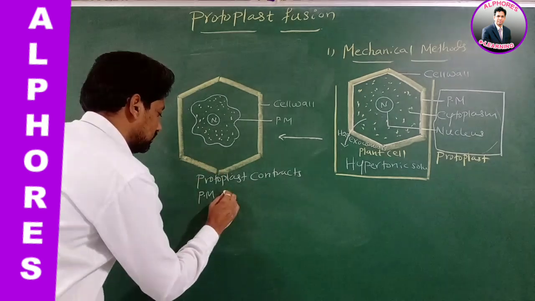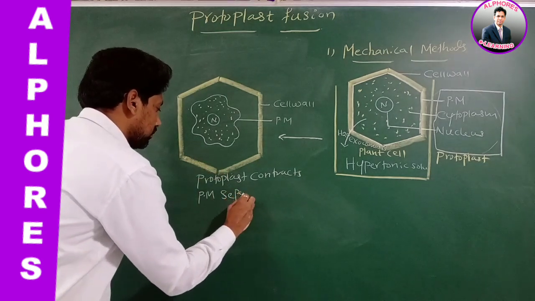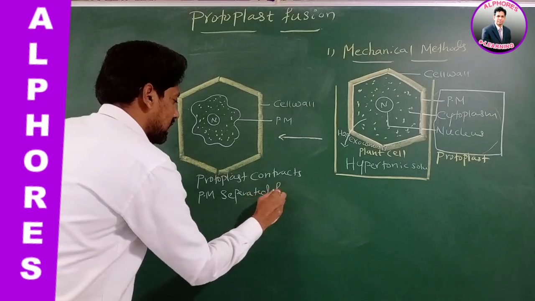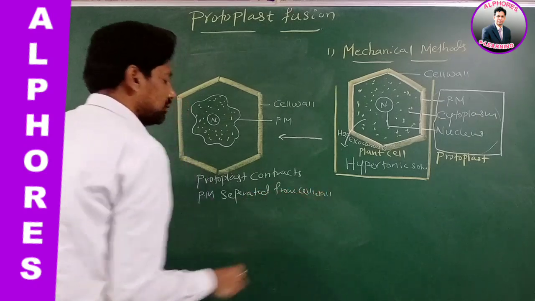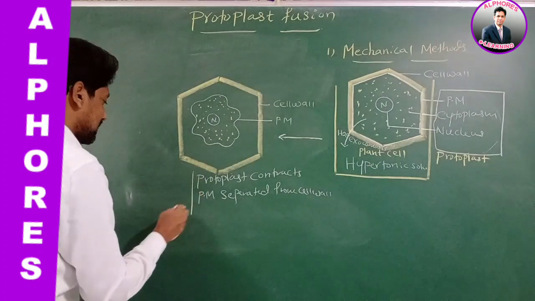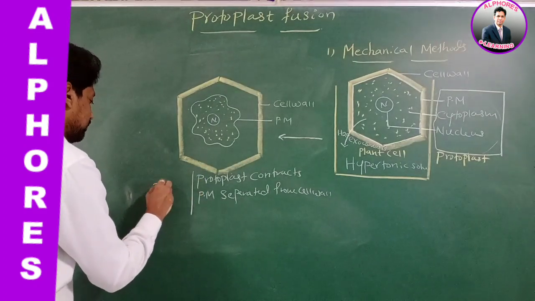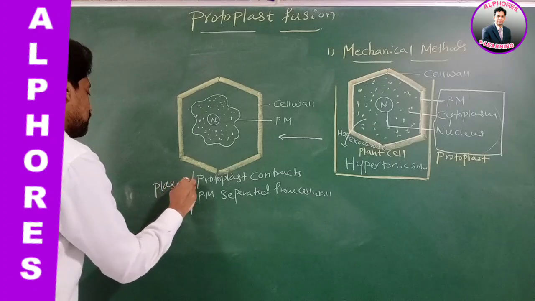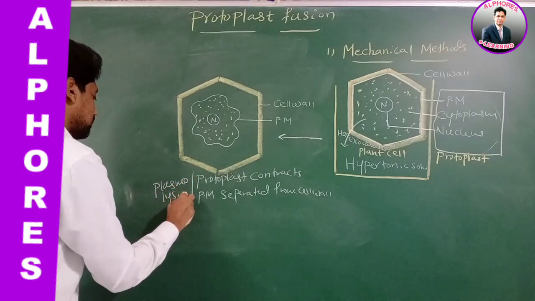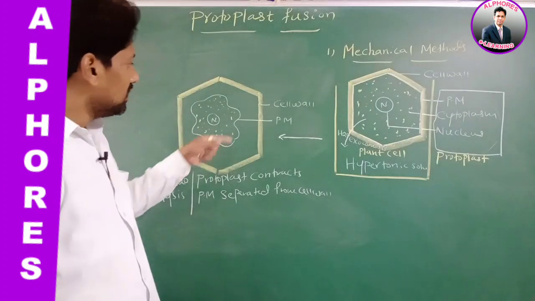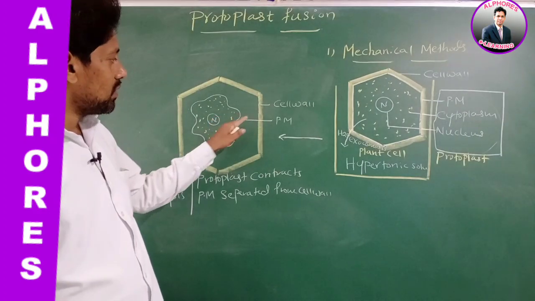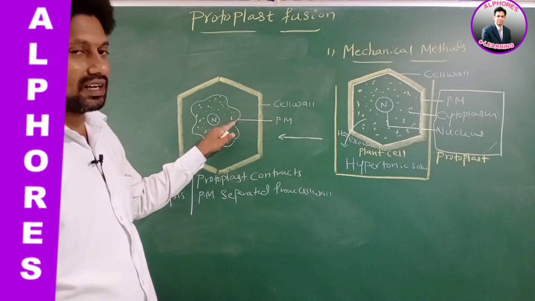Plasma membrane separated from where? Separated from cell wall. It means the cell has undergone what, sir? The cell has undergone plasmolysis. Now you tell me, sir, now cell wall and plasma membrane both are separated from one another, yes or no?